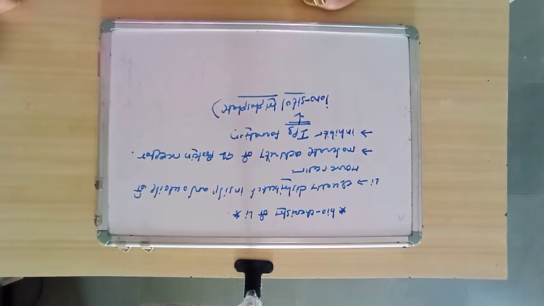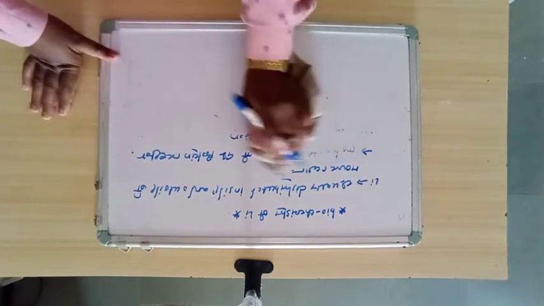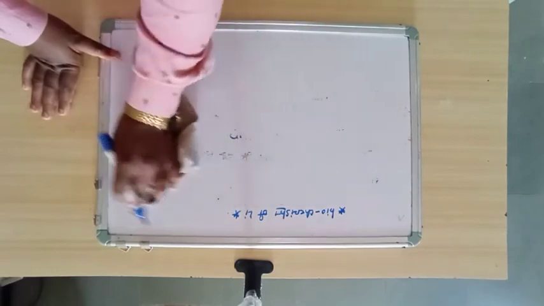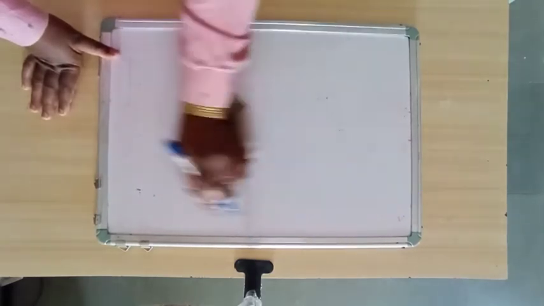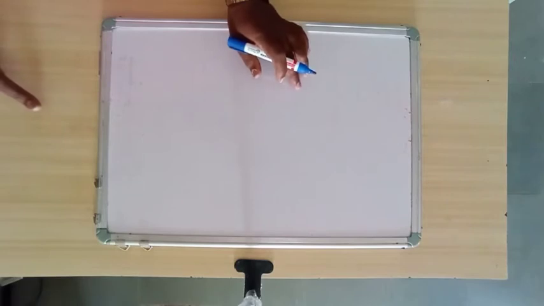So let us discuss the mechanism by which lithium inhibits inositol triphosphate. We discuss the mechanism with the help of a diagram.